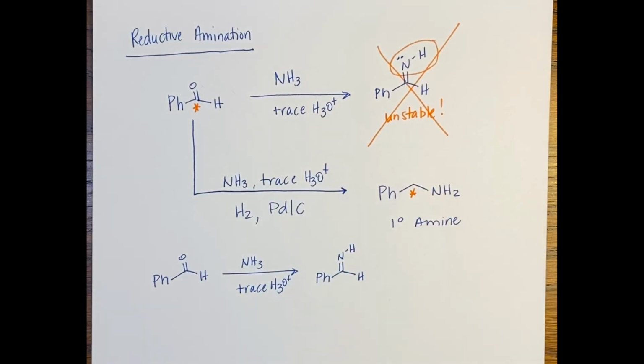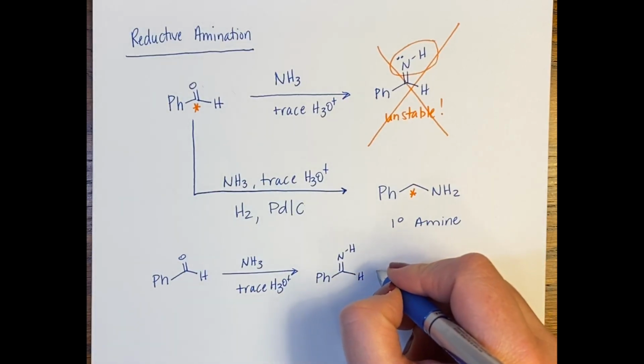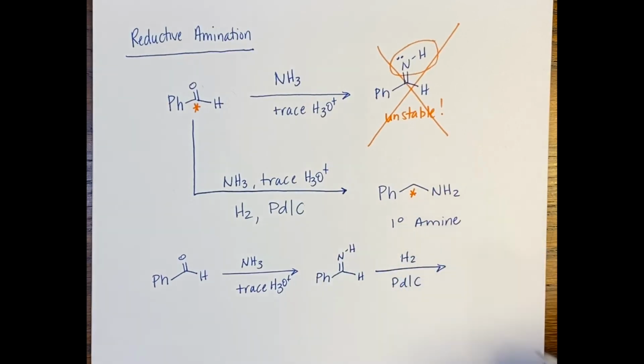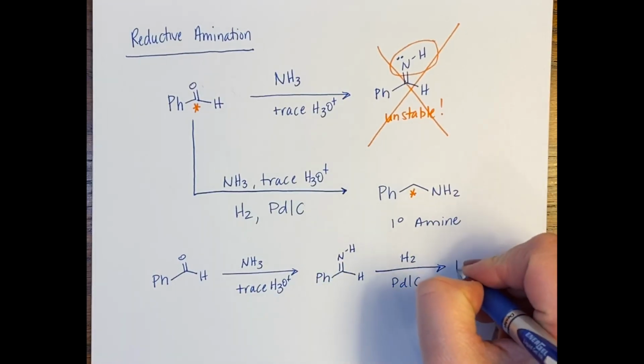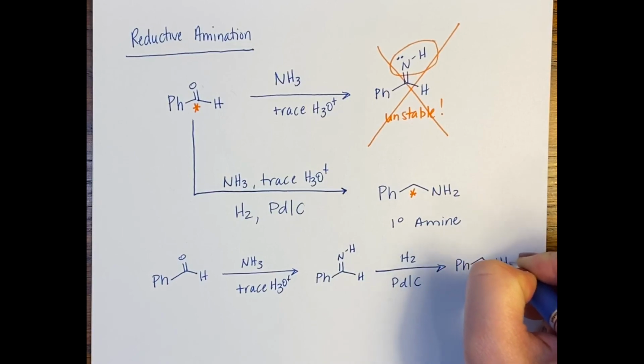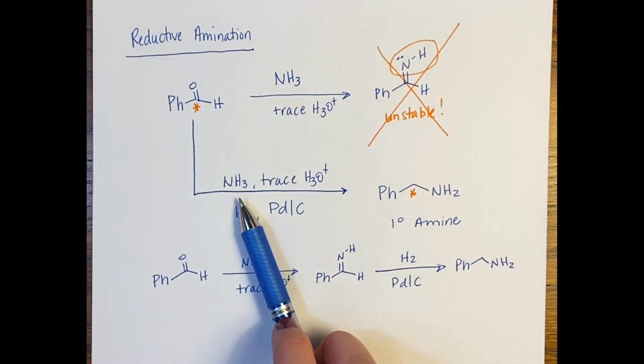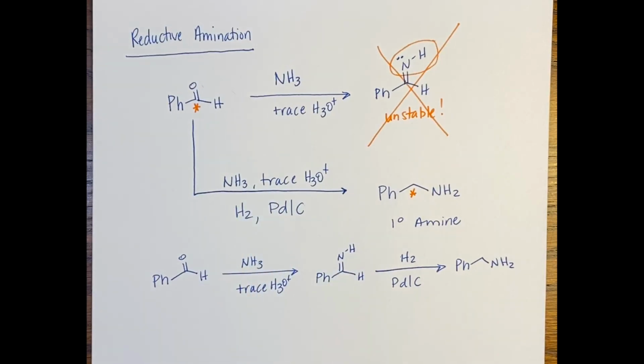While I can't isolate this intermediate, it will exist in my solution, and as it comes into contact with my hydrogen gas and my palladium on carbon catalyst, I get a hydrogenation of this carbon-nitrogen double bond, and I end up with my primary amine as the product. So again, it's a one-pot, two-step reaction. It's a great synthetic tool. This is a specific reaction sequence that uses ammonia as the amine, but I have some other options as well.